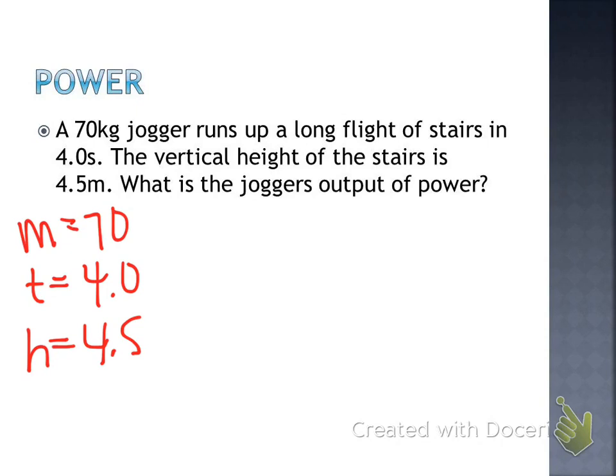So we can also find power by looking at the potential energy or the work done by this guy to overcome gravity, which is mgh over t. That's another equation for power that we can use. He is exerting work, he's exerting power to overcome gravity by climbing those stairs, so we can use this equation here for power.